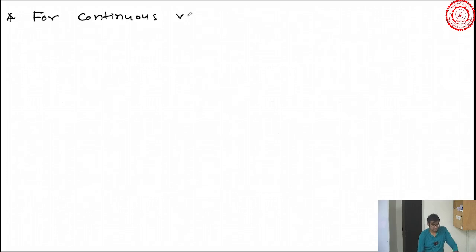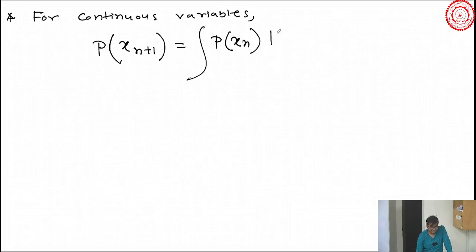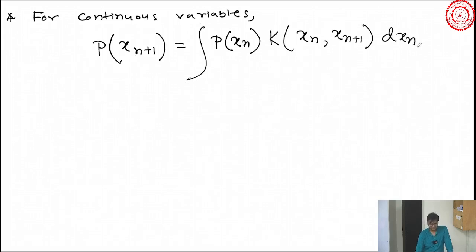Let us write it down. For continuous variables, p, and p is a PDF now, keep in mind, p of x n plus 1 will be equal to the integration of p of x n, k of x n comma x n plus 1, d x n.